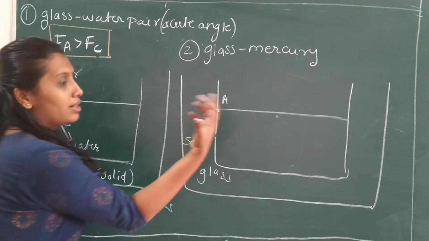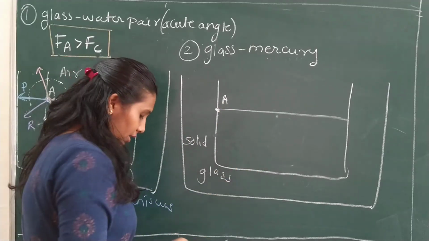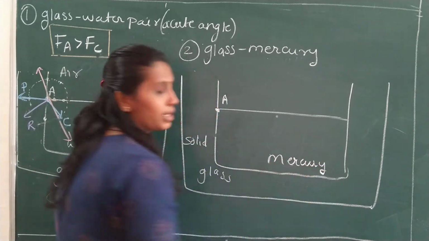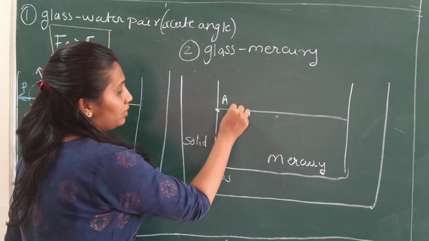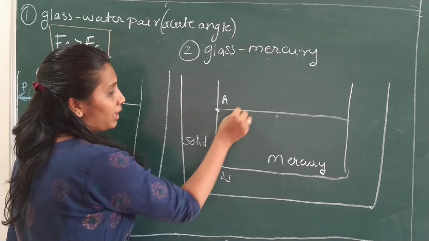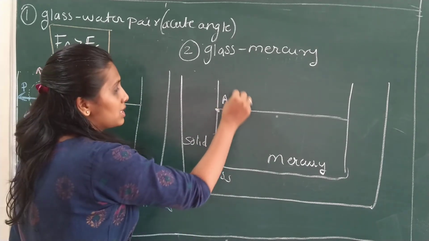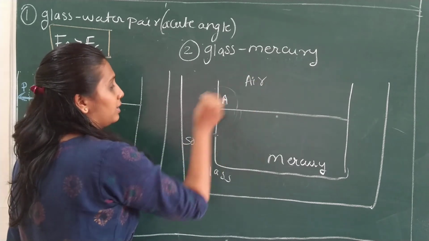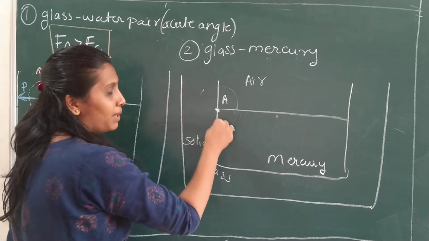Like water, we are considering the liquid mercury here. So this whole part will be surrounded by mercury molecules, this quarter part by air, and this half part by glass.